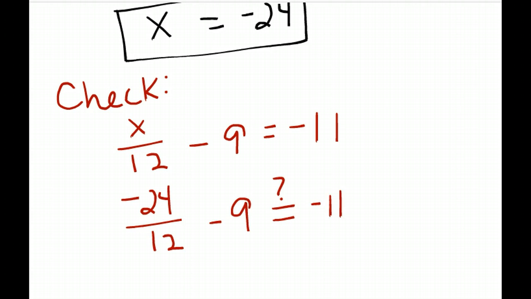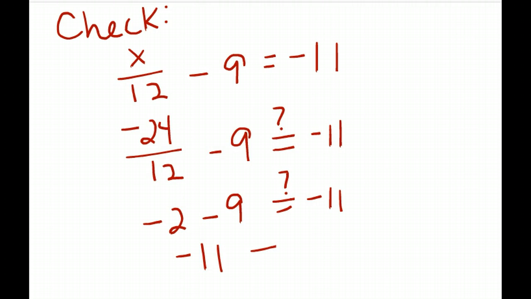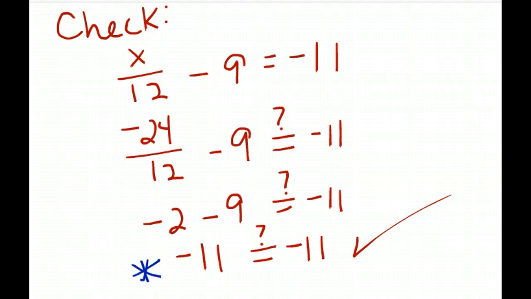Does that equal negative 11? Negative 24 over 12 is negative 2, minus 9. And negative 2 minus 9 is negative 11. So yes, we did get the correct answer. If this didn't work out, go back and check. You worked your problem out incorrectly.